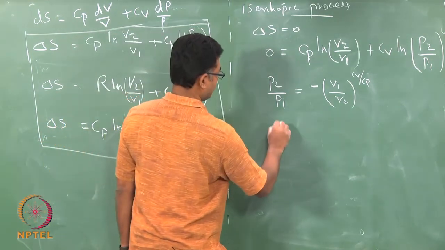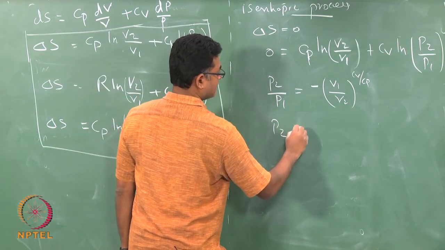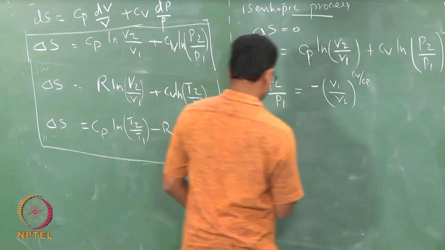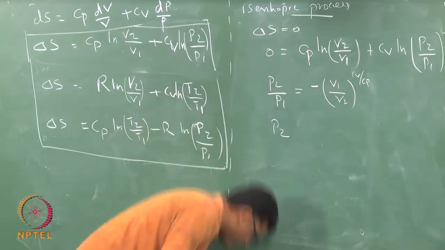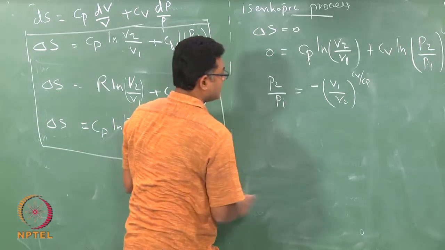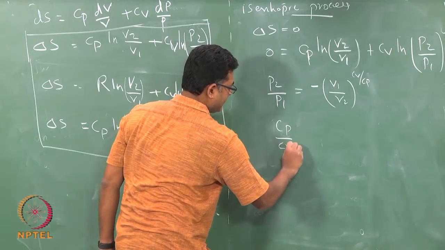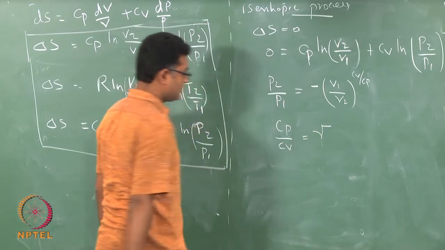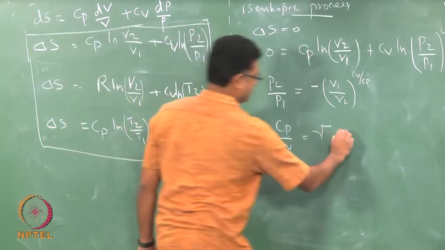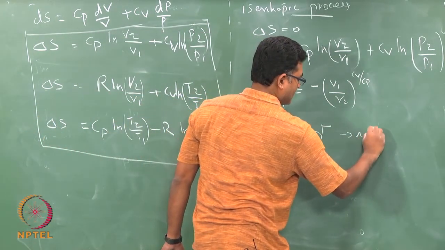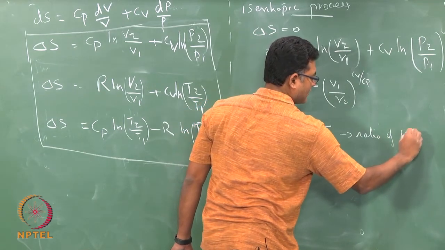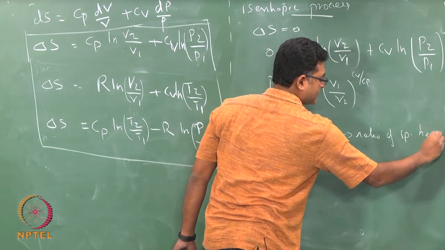Or, Cp by Cv is defined as gamma, which is your ratio of specific heats.